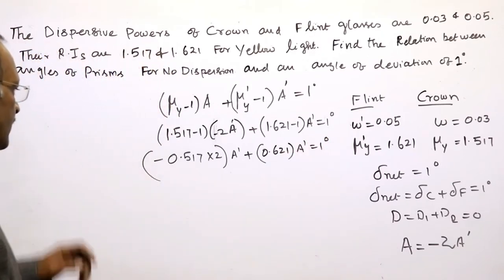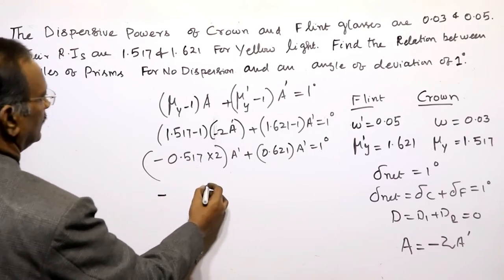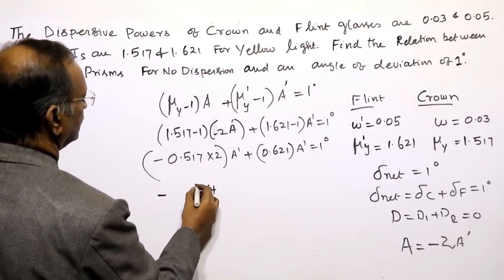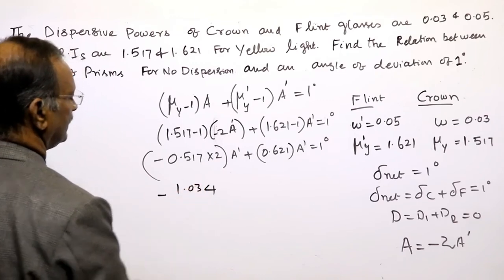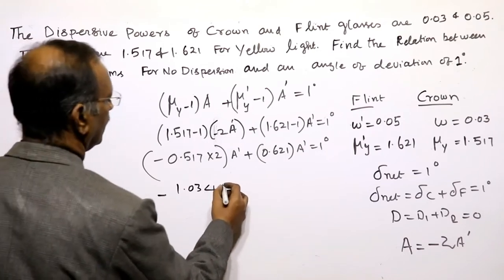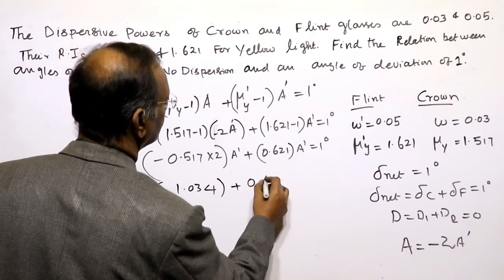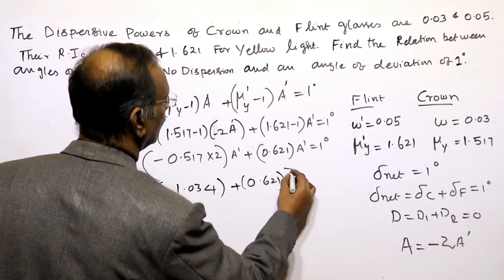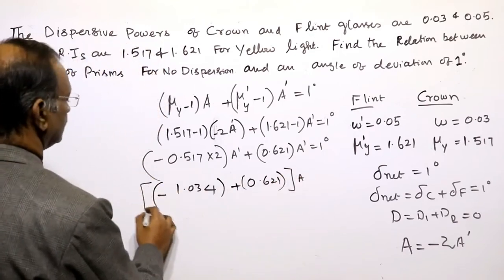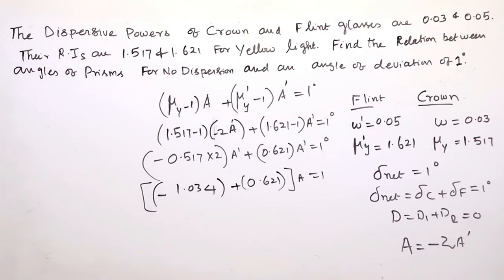This becomes minus 1.034 plus 0.621, taking A dash common, equal to 1. Adding these, we get minus 0.413.